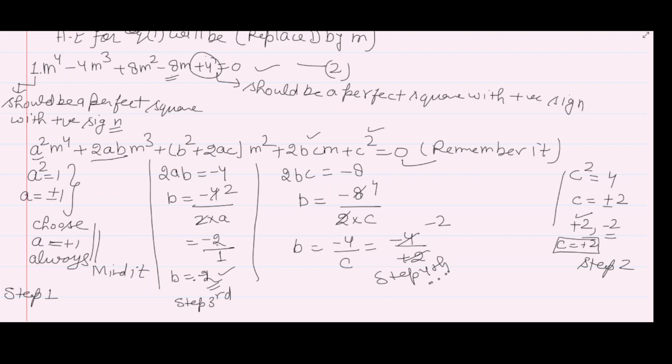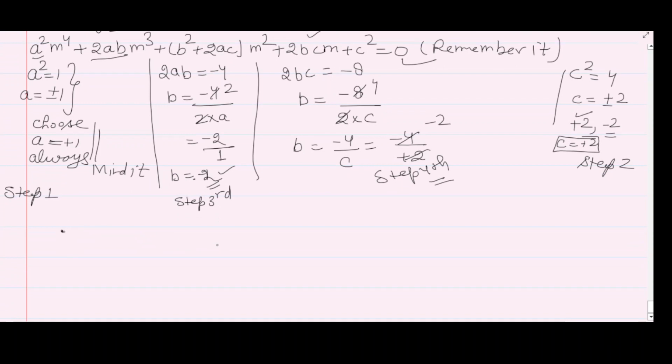So here you have the values: the value of a is equal to 1, the value of b is equal to -2, and the value of c is equal to +2. Okay, so these are three values.